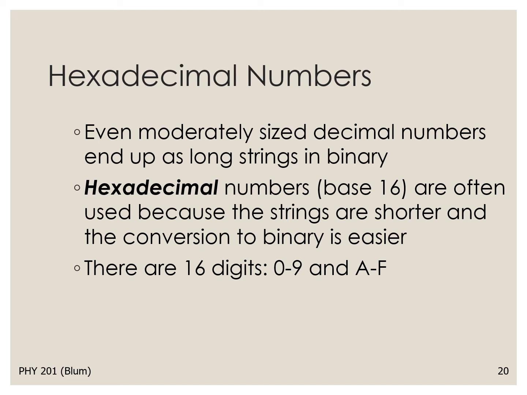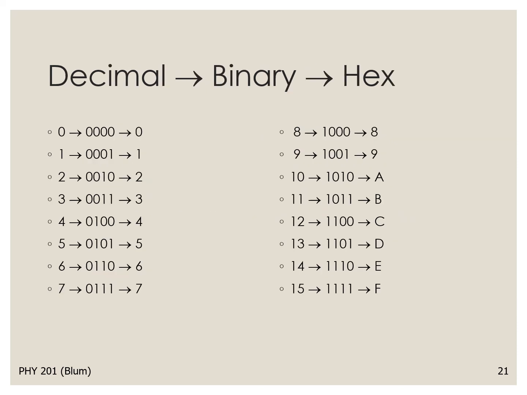The conversion from binary to hexadecimal is far easier than it is for decimal to binary numbers. And the hexadecimal representations of numbers are much smaller and easier for humans to comprehend than these long binary strings.